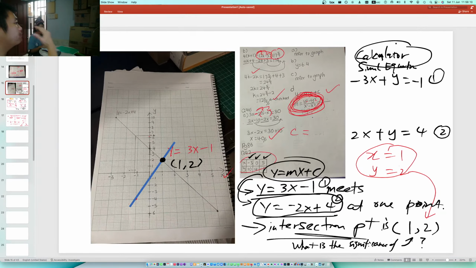Simple as that. So the benefit of having this format is to find x and y using the simultaneous equation. Wrong. By what? Using the calculator. Correct. Can you repeat? The benefit of having this format is to find x and y by using the calculator.